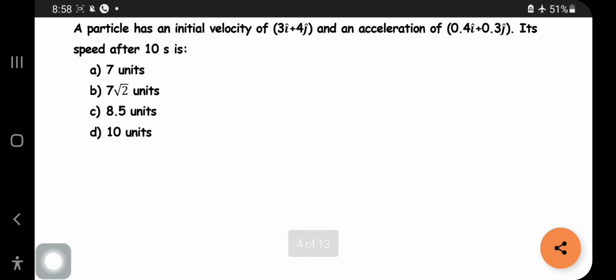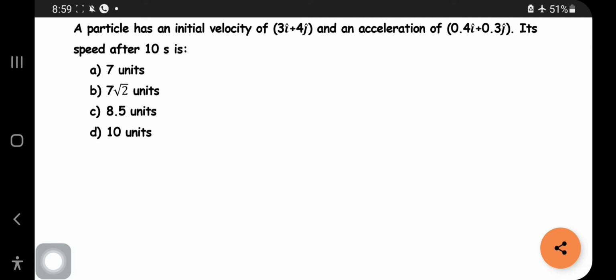The next question is regarding vector quantity multiplication. A particle has an initial velocity of 3 i cap plus 4 j cap and an acceleration of 0.4 i cap plus 0.3 j cap. Its speed after 10 seconds is? So how can you do it? They are asking for the final speed.